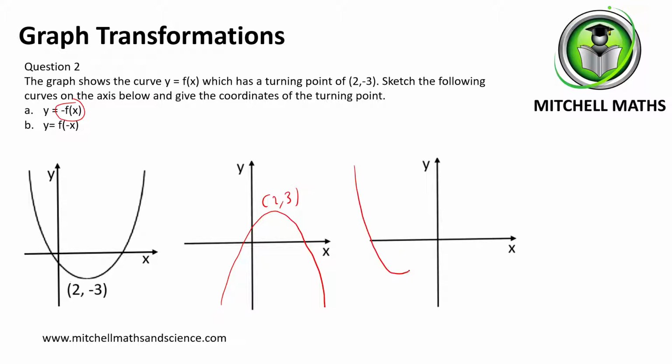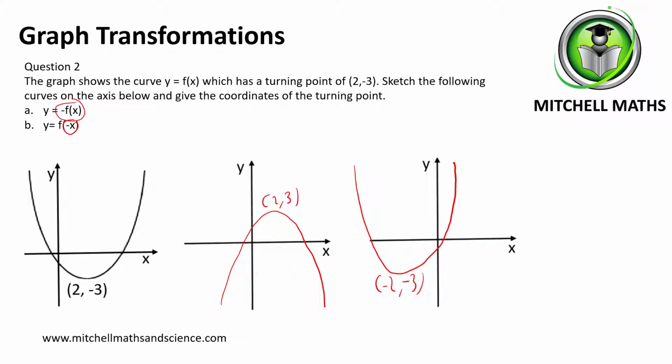So you'll get something like this. And the turning point is minus 2, because minus 2 is 2, as it was there. So it's minus 2, minus 3. So when we're minusing the x directly, we can say it's a reflection in the y-axis.